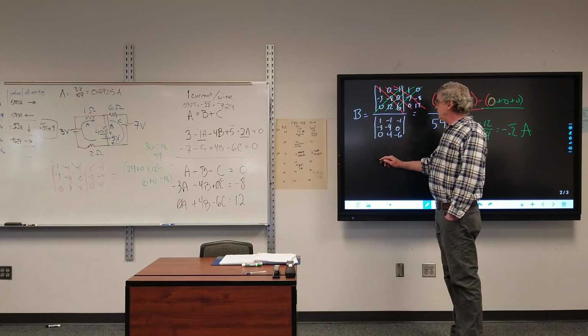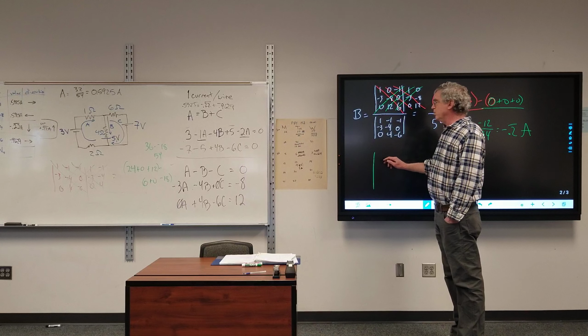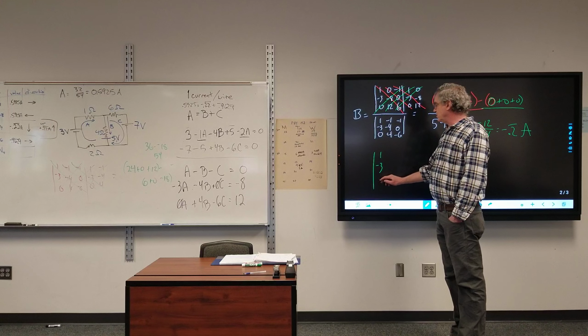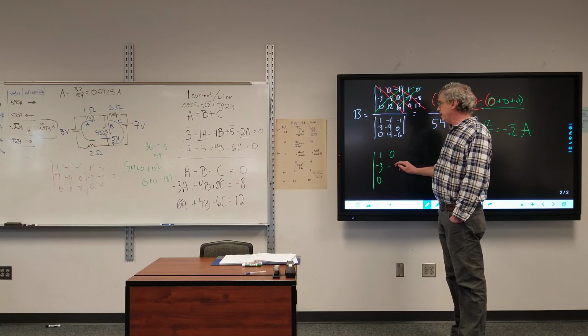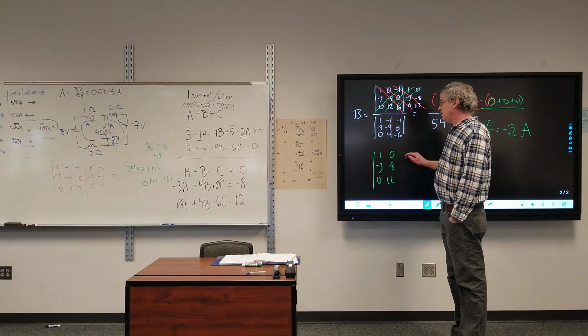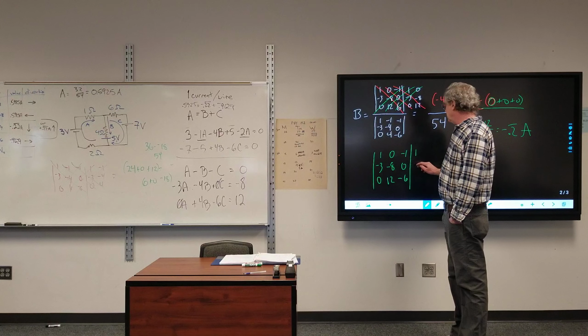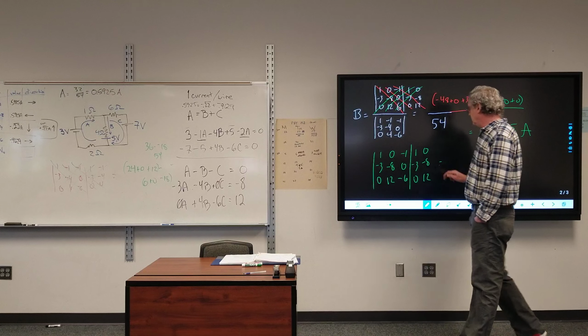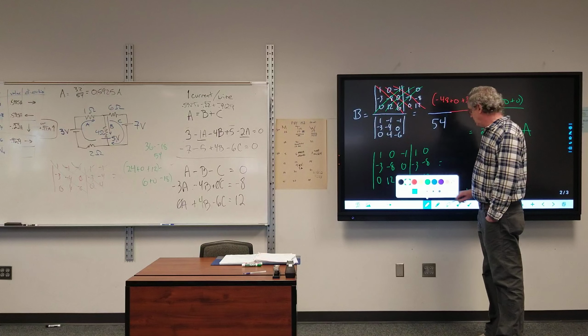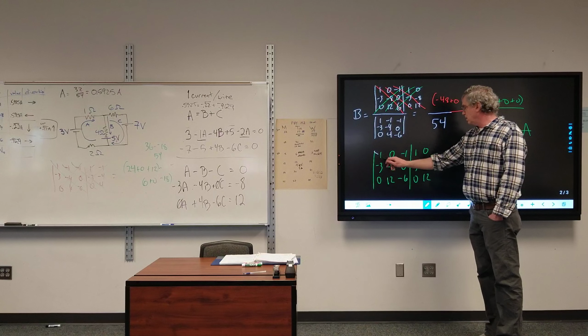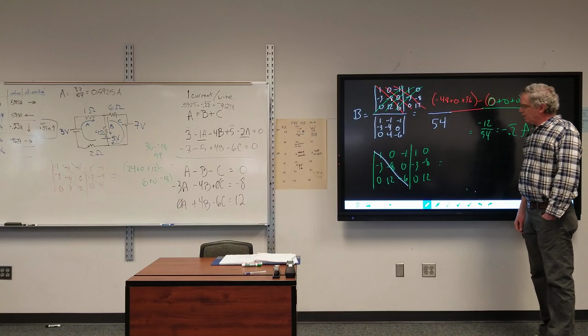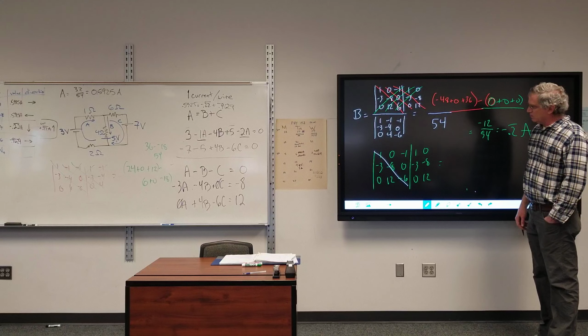All right, let's check B. So the numerator should be 1, negative 3, 0, 0, negative 8, 12, negative 1, 0, negative 6. Eight times 6 is 48.